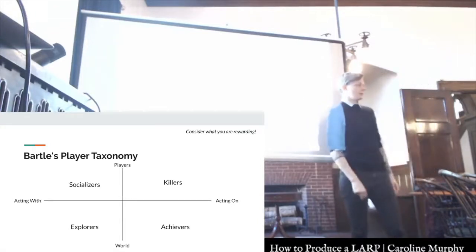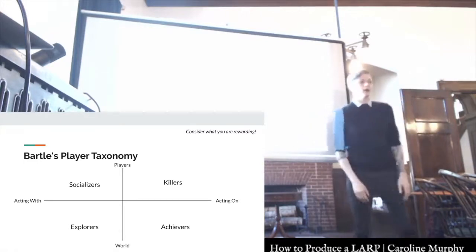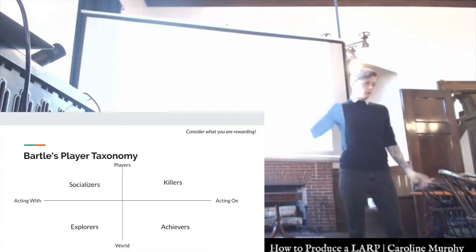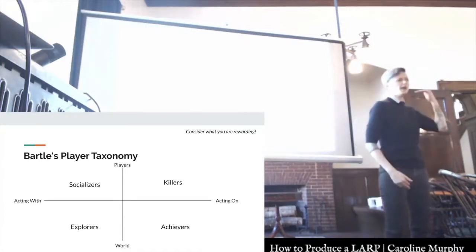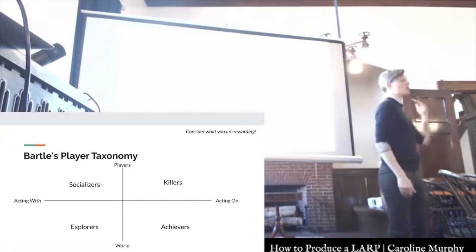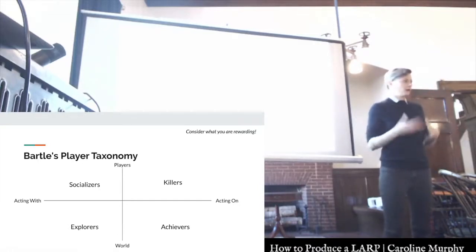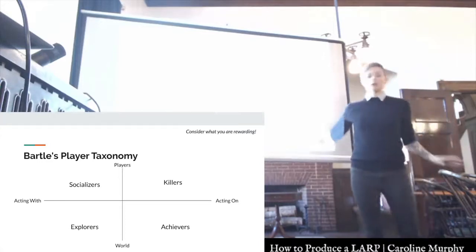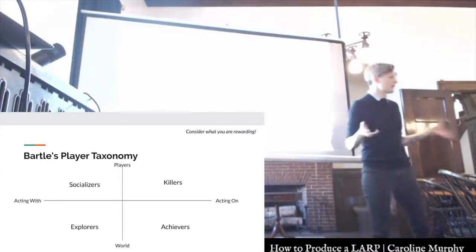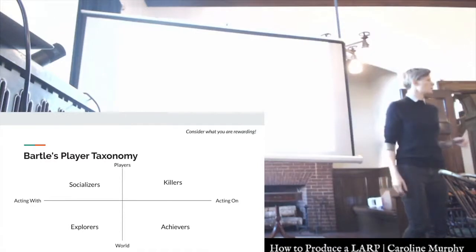I don't want killers at my game. I'm going to very specifically make a game that doesn't allow for that. Or I'm going to make a game that is only for killers, and this is going to be a heavily competitive, paranoid, backstabbing, murder game. All those things are completely okay. It's whatever you want to design. So, thinking about player types and that taxonomy, I just wanted to bring that forward.